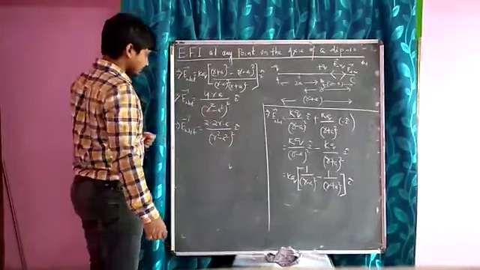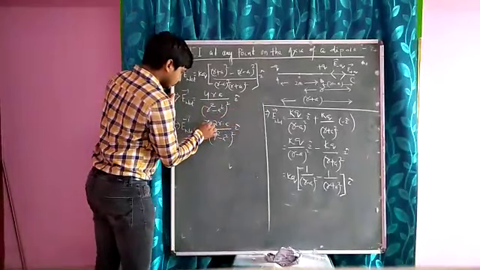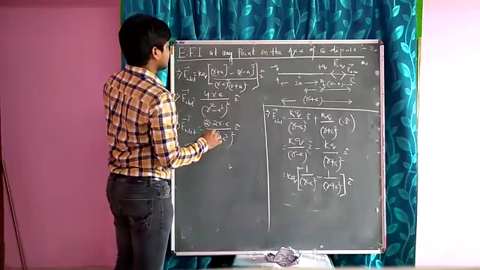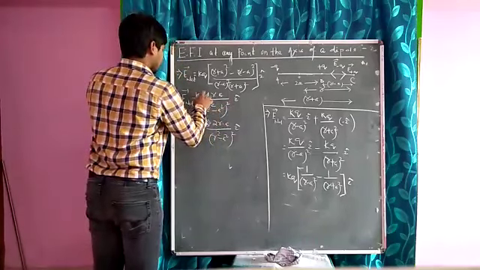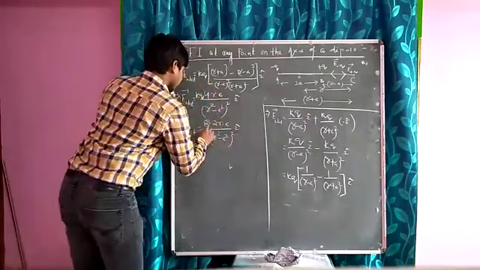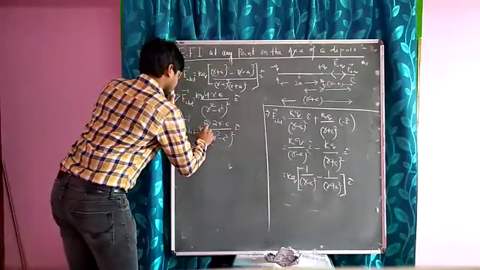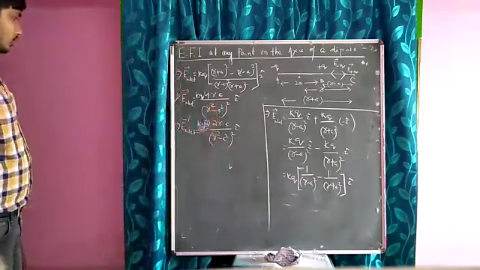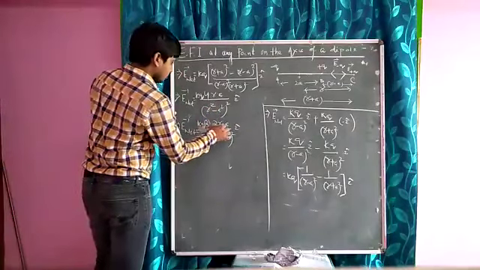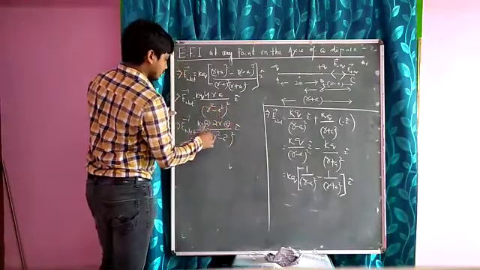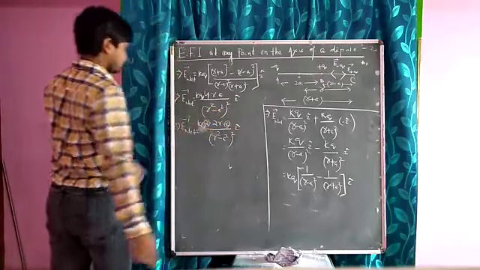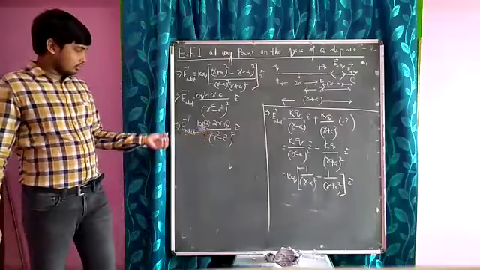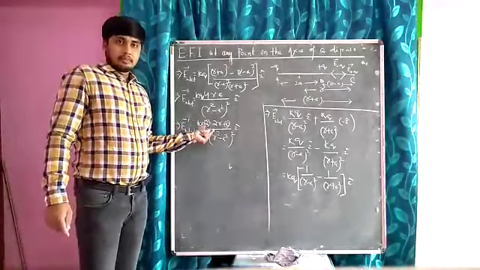Now you can see that here you will get the term 2 into A into Q. 2A into Q will give you the dipole moment P vector.